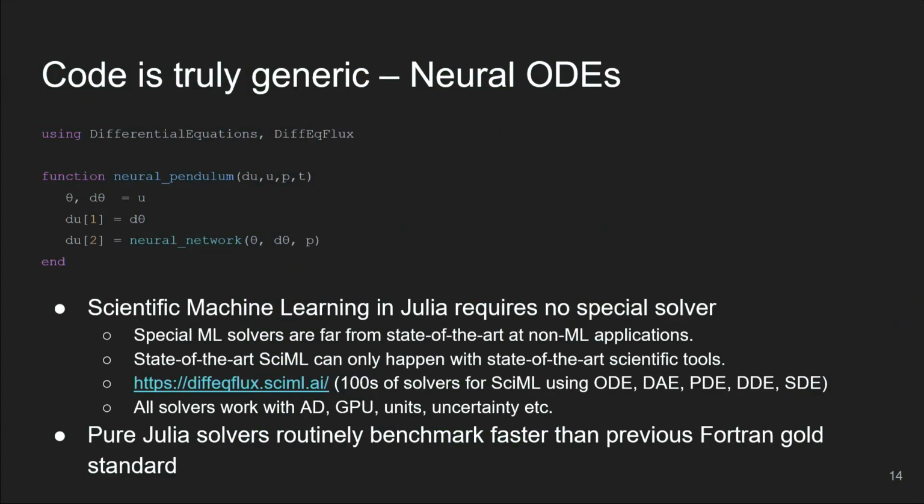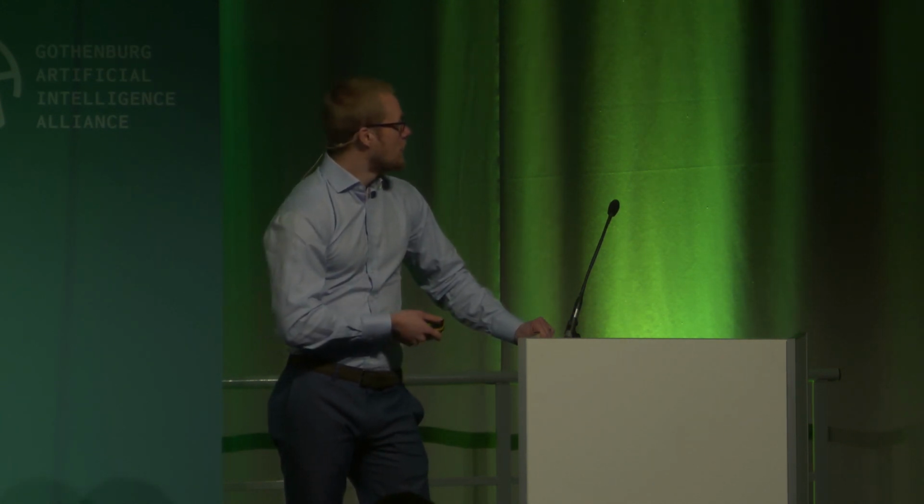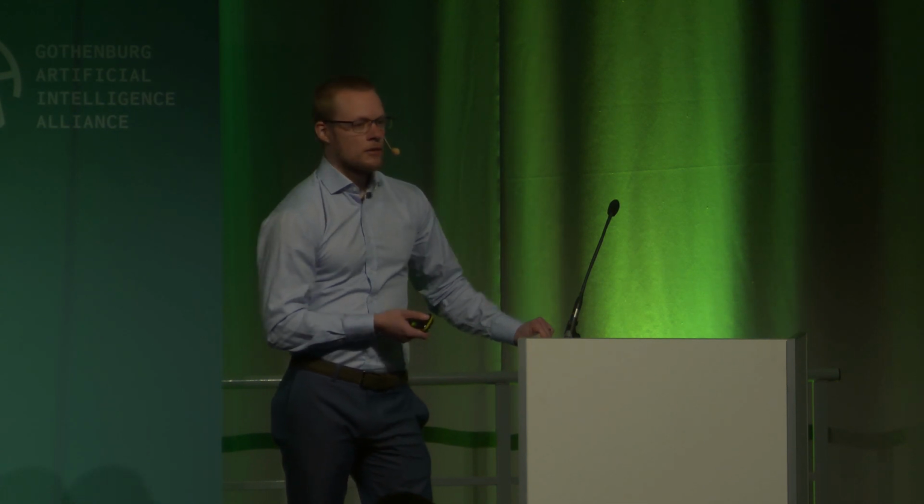Then we can stick a neural network in here that has some parameters, and it takes the states and computes the force. And in Julia, you don't need a special machine learning library to solve this differential equation. You use the standard differential equation library. And that library is state-of-the-art for scientific applications, normal solving of differential equations. That is a key strength of the Julia ecosystem.